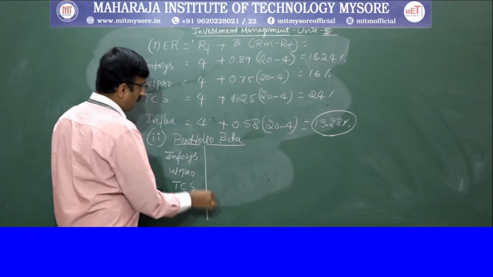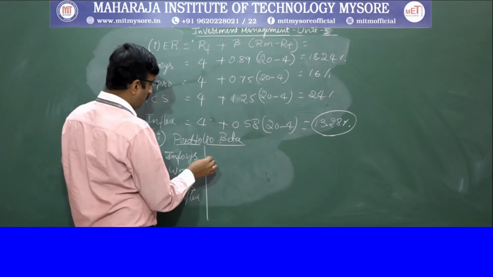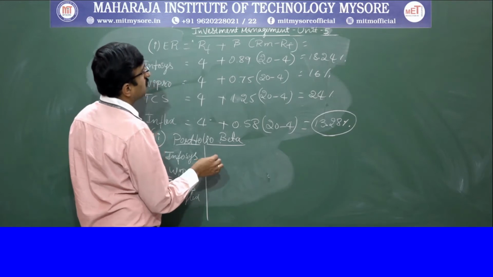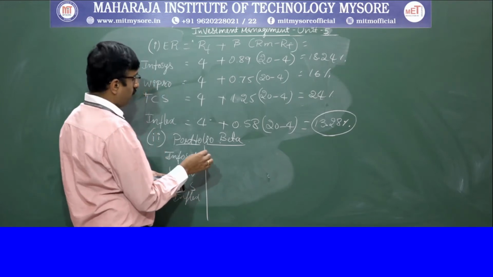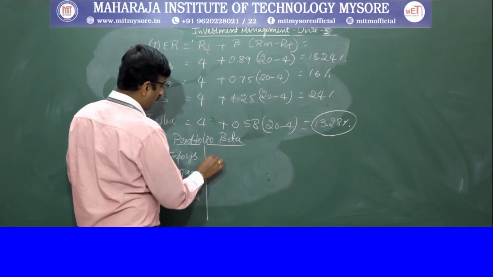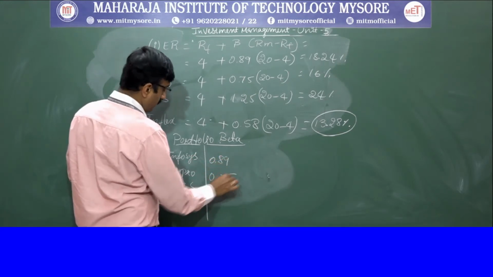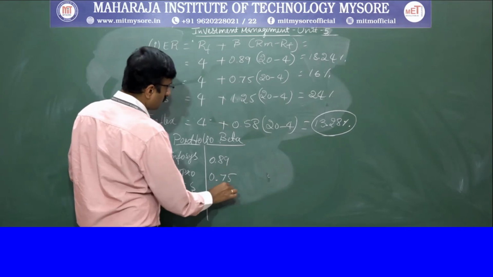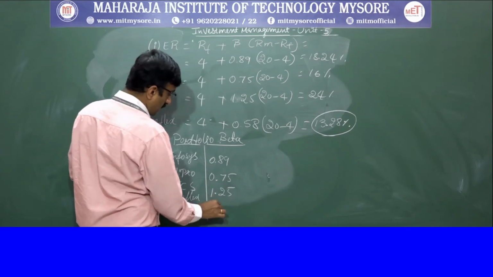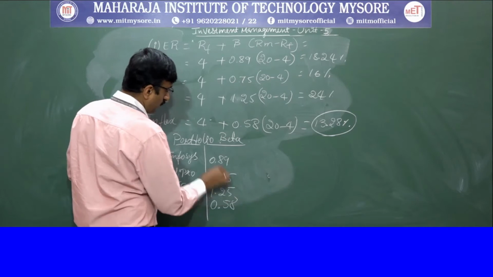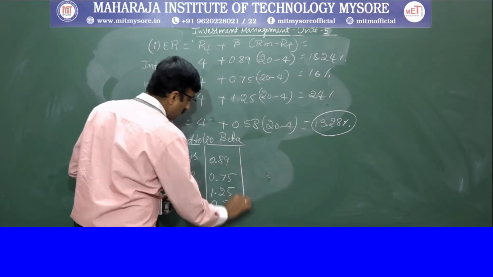Next we have betas of 0.89, 0.75, 1.25 and 0.58. These values they have given.